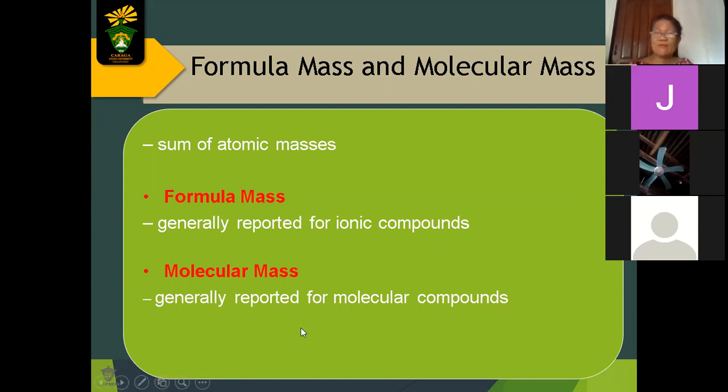Molecular mass is generally reported for molecular compounds or those who exhibit covalent bonding. Okay, so ang kaning formula mass is for the ionic compounds. Now this molecular mass is for the molecular or the covalent compounds.